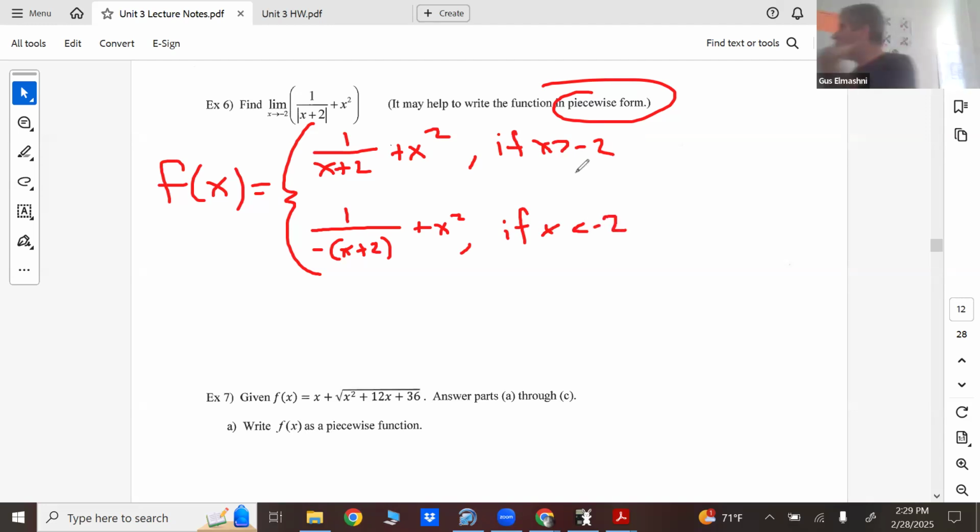Okay. So what you do when you rewrite something, just so we get kind of the habit in the patterns, right? Pattern recognition. If you have to rewrite absolute value, well, so first we'll back up a little bit. If you have to do a limit of an absolute value, best to rewrite that as piecewise. How do you rewrite that as piecewise? Take it as it looks and assume that x is bigger than that number.